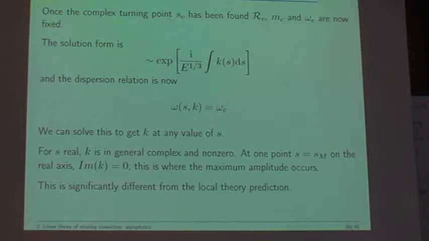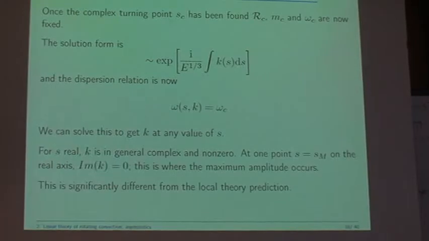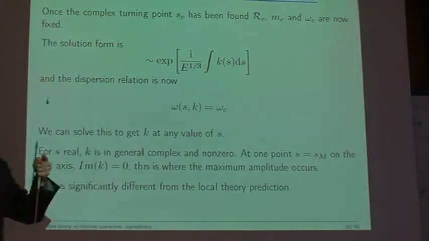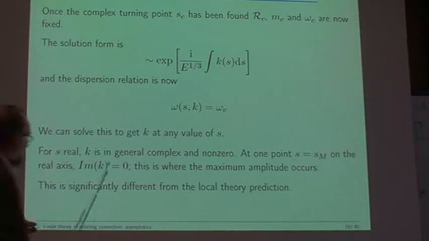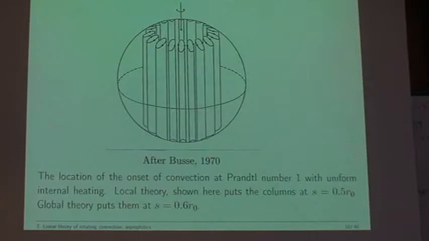At one place, the imaginary part of k is 0, and that's where maximum amplitude actually occurs. If you pop that back into the WKB approximation, you can see that counts. So the nature of the solutions is essentially an oscillation which grows, and then an oscillation which decays. And the place where it's located is the place at which that actually occurs. And that's actually significantly different from the local theory prediction.